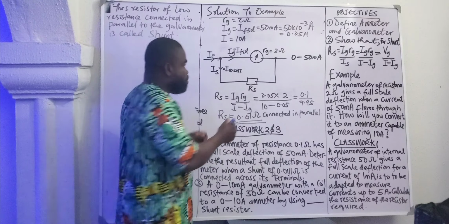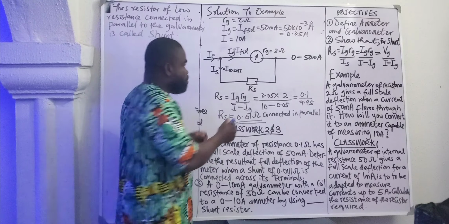We have increased the rating of this what? Galvanometer or instrument. So that is why you have a question here with the rating. So you say a galvanometer of 0 to what? 10 milliamp. That is the original. This means that the full scale value of the galvanometer is what? 10 milliamp.